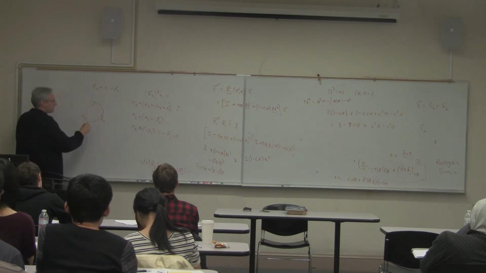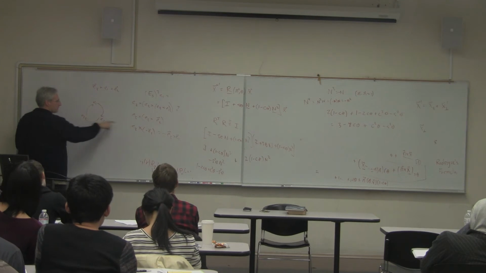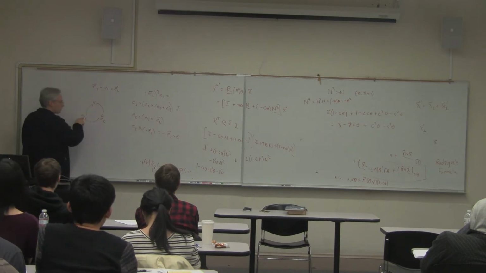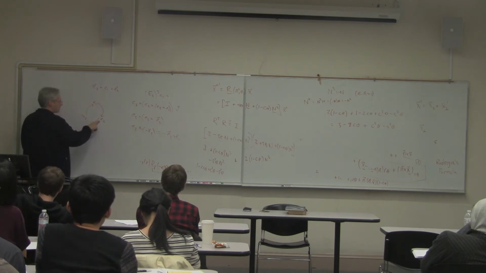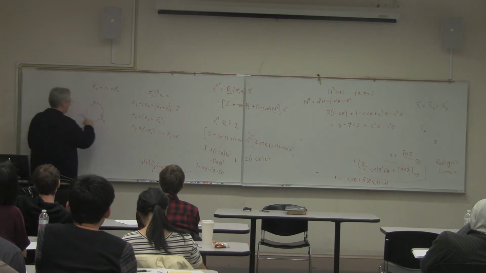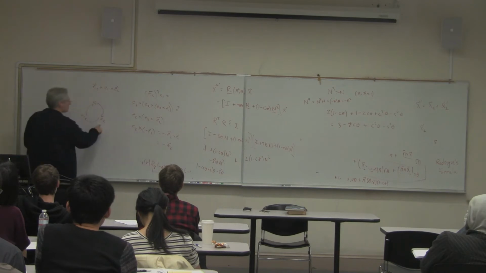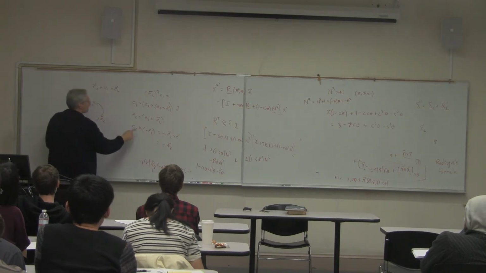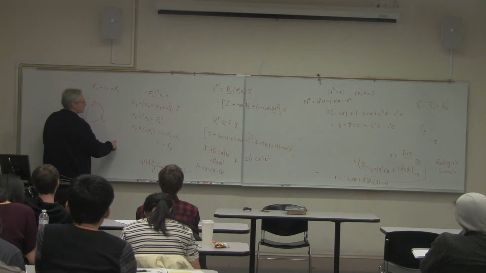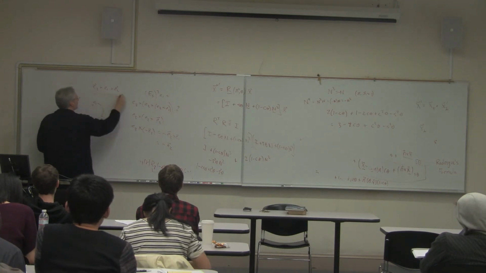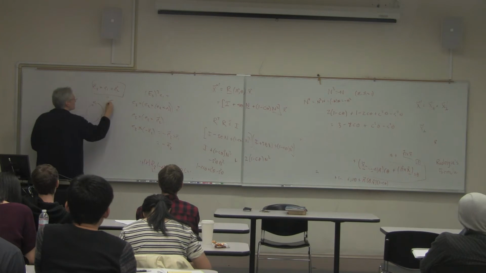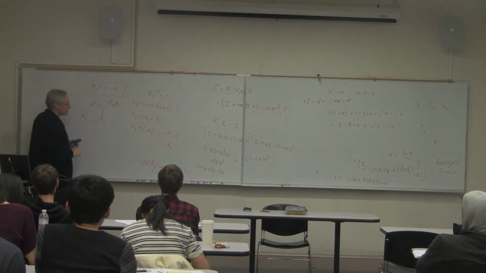If we look here, E3 cross E2 is going in the opposite direction, so it's negative E1. Then E3 cross E1 is again negative E2. So the first statement right here, the skew-symmetric matrix E3 times E1, is equal to E2.